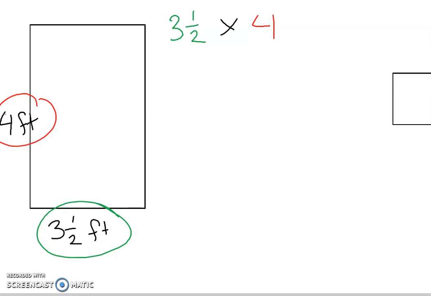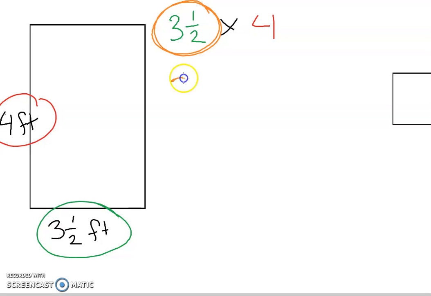All right, so in order to do this, I want to change this mixed number into an improper fraction. Mixed numbers are pretty and all, but they aren't really practical when you are doing any sort of operation, whether it's addition, subtraction, multiplication, division, yada, yada, yada.